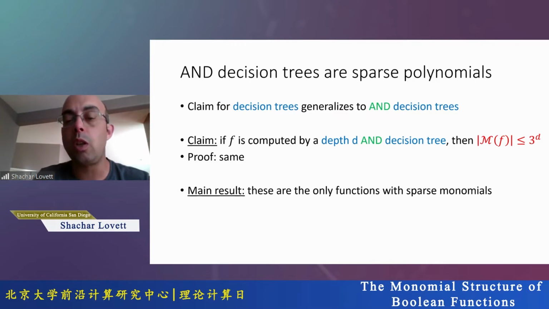And basically what I want to tell you about is that this is really the only source. Up to some quantitative losses, we can prove that any Boolean function that is sparse must be computed by a low depth AND decision tree. So I'll tell you what the result is in a minute, and then I'll tell you how it comes up naturally in a couple of applications.